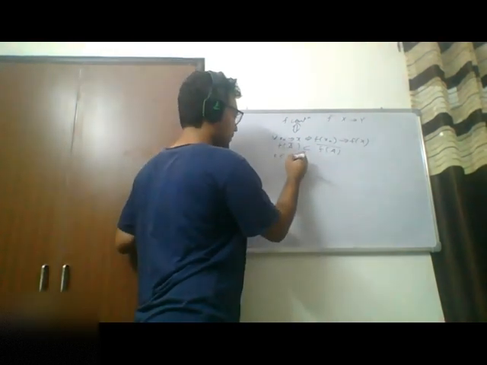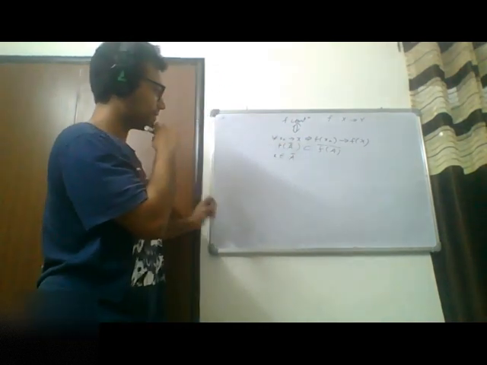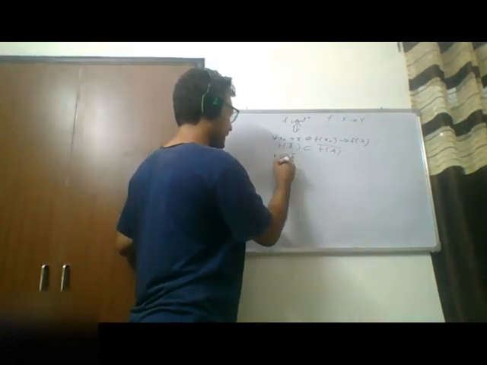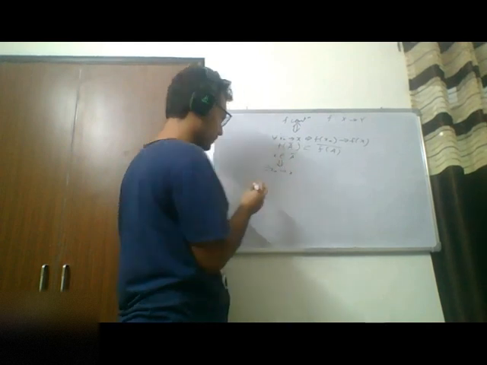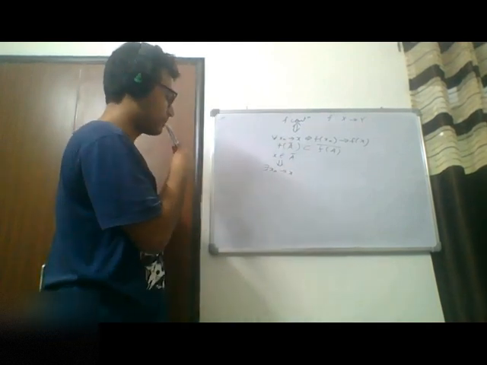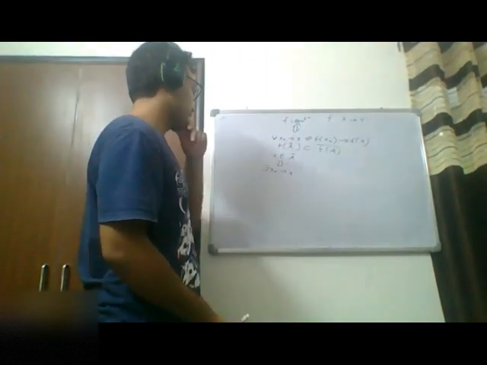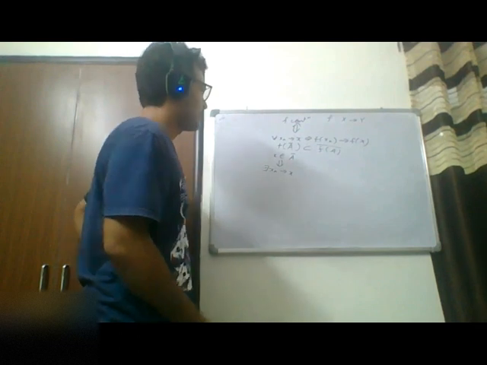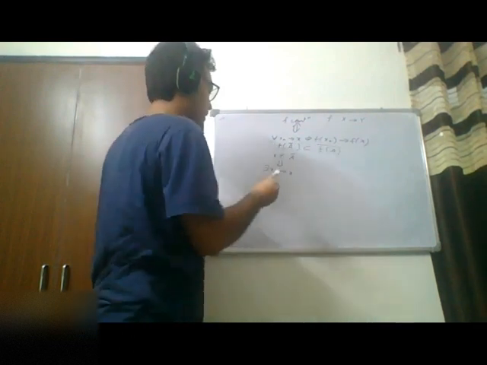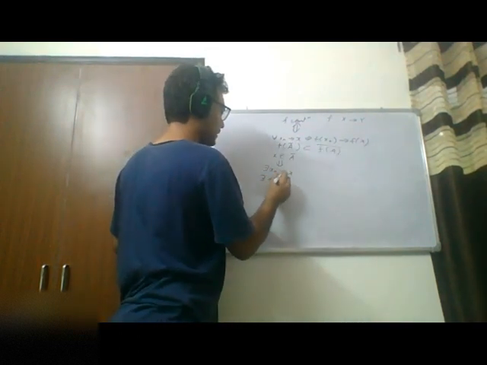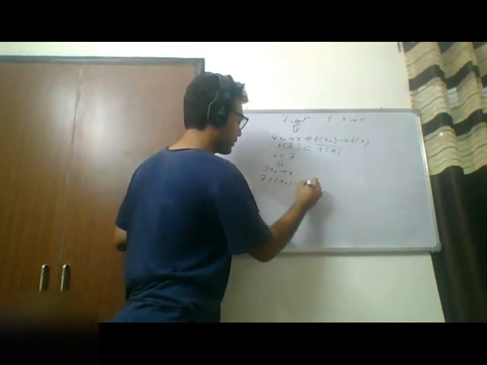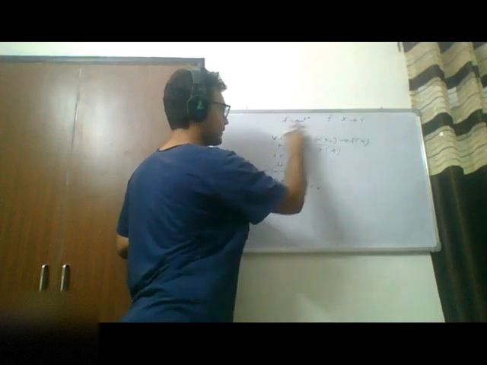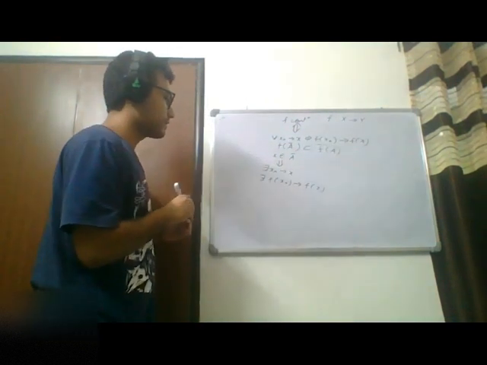If x belongs to a closure, by the preceding lemma, there exists xn converging to x. So we're using the preceding lemma for that. And now by the condition given to us, f of xn converges to f of x.